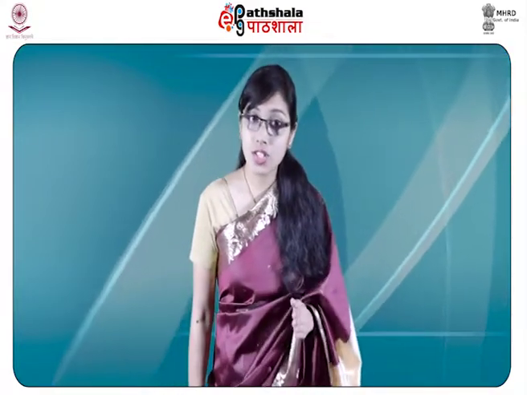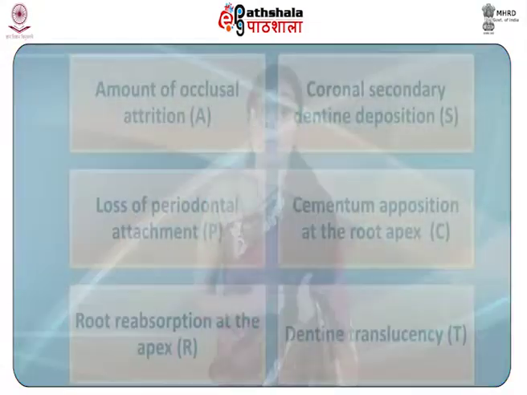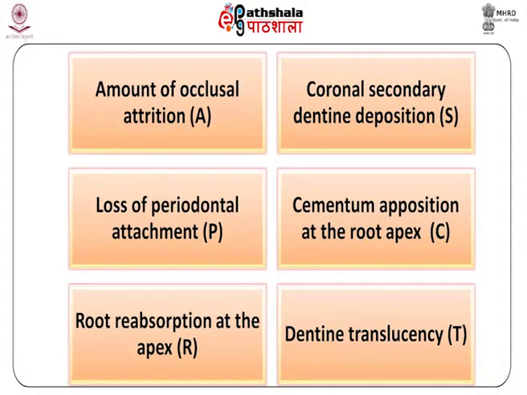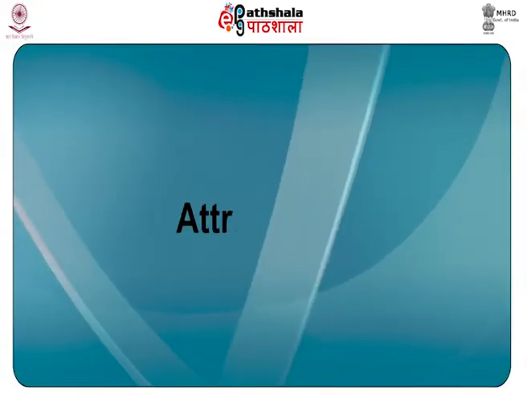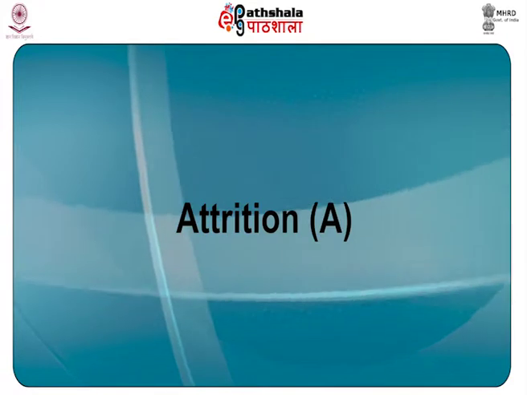He took into consideration the factors such as the amount of occlusal attrition denoted by capital A, coronal secondary dentine deposition denoted by capital S, loss of periodontal attachment denoted by capital P, cementum apposition at the root apex denoted by capital C, root resorption at the apex depicted by capital R, and the dentine translucency denoted by the capital T. Starting with the attrition that has been denoted by capital A.